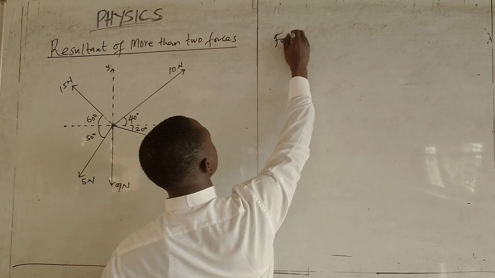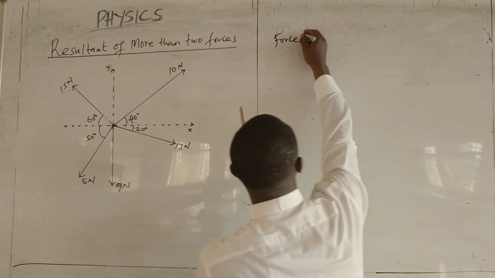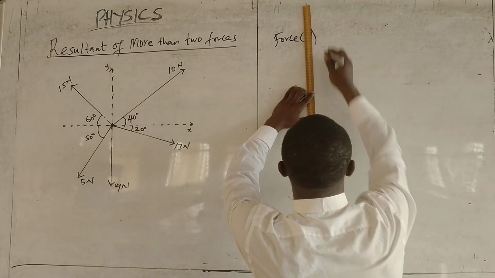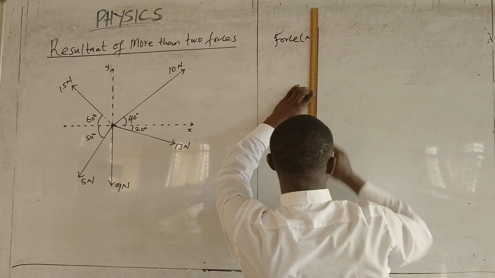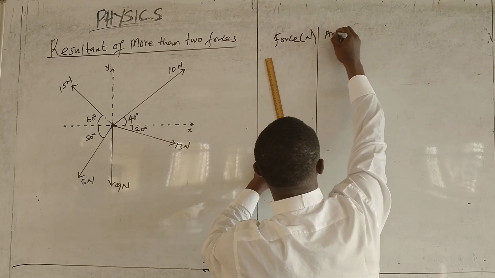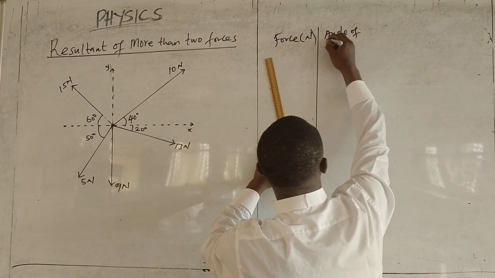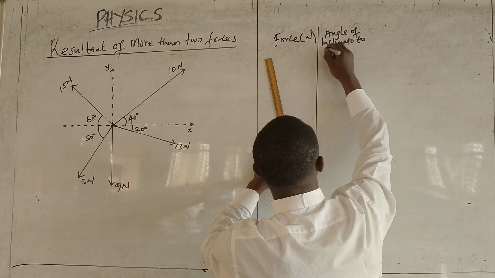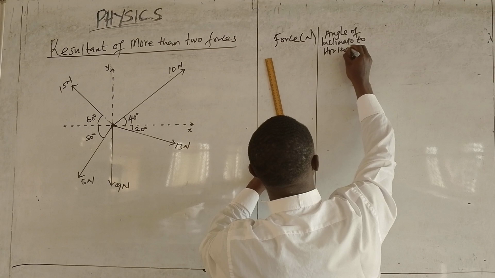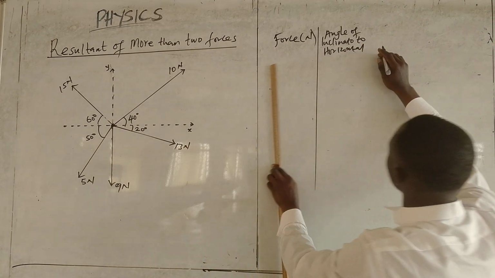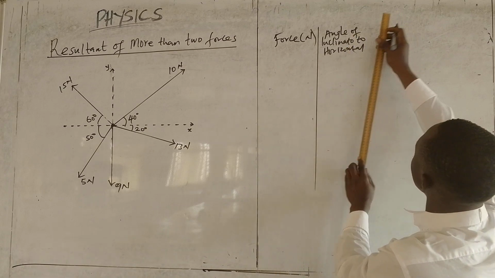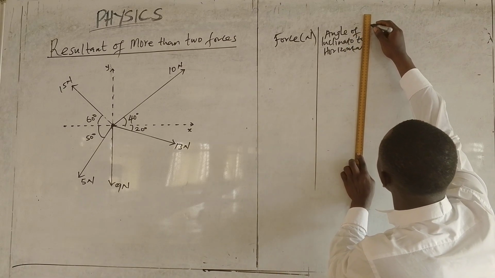And this is how the table will be. Force in Newton. Then this is going to be angle of inclination to the horizontal.